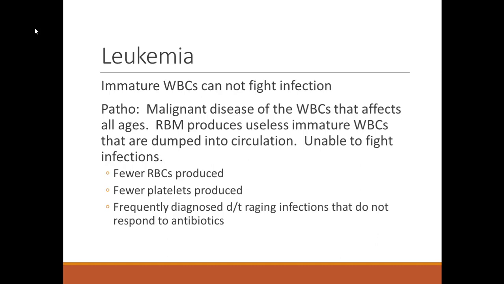So there's a lot of white blood cells running around, but they're not able to do anything. They're not even in training yet. But because there's so many white blood cells, we're going to see less red blood cells and less platelets because there's not room for them. The system is going to be overrun with these immature white blood cells.